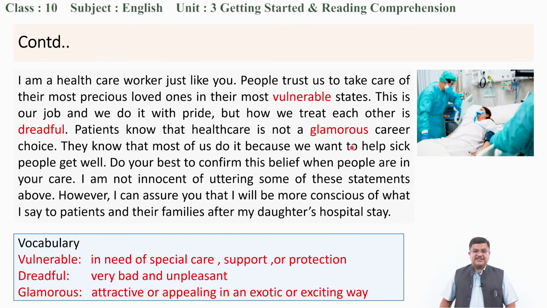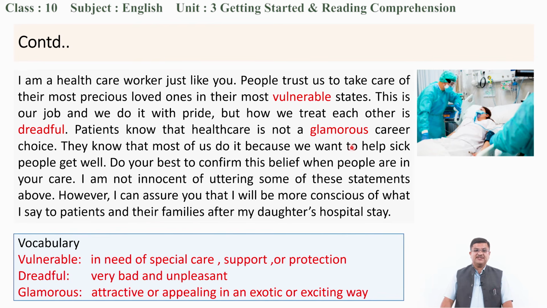They know that most of us do it because we want to help sick people get well. What is the duty of the healthcare worker? The duty of the healthcare worker is to look after the sick people, so they should always be serious and attentive. There is a suggestion of the patient's mother. Patients know that healthcare is not a glamorous career choice.